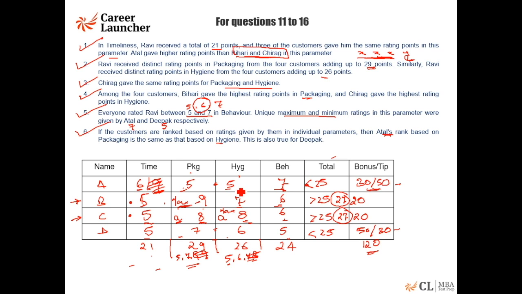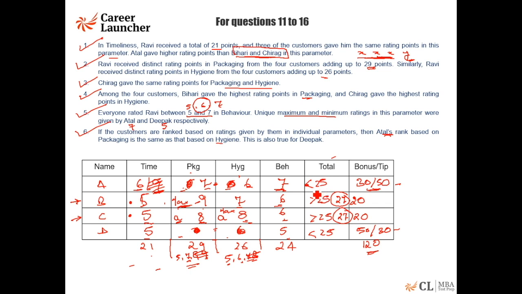It satisfies. Supposing I had done it the other way, which means instead of 5 and 5, Atal being the lowest, supposing I make it the second lowest, that means this should be 7 and this should be 6. What does the total become? 7 and 6, 13, 13, 7, 20 and 6, 26. That means the total becomes greater than 25, in which case he will get a bonus, not a tip.